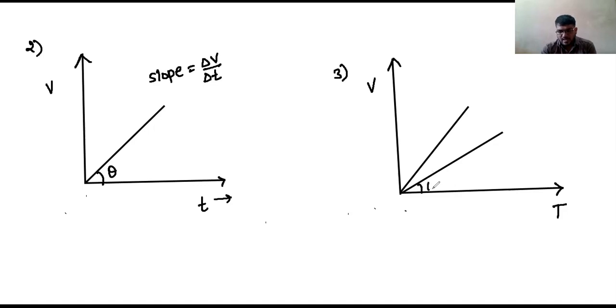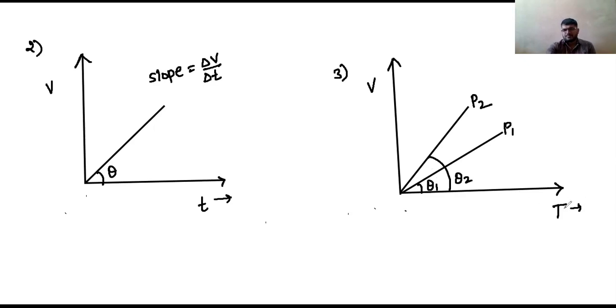If this one is angle theta 1 and this one is angle theta 2, then this is for pressure P1 and this is for pressure P2. So what is the meaning of this graph? In this graph, there are two readings of pressure. Which graph am I talking about? This third graph.